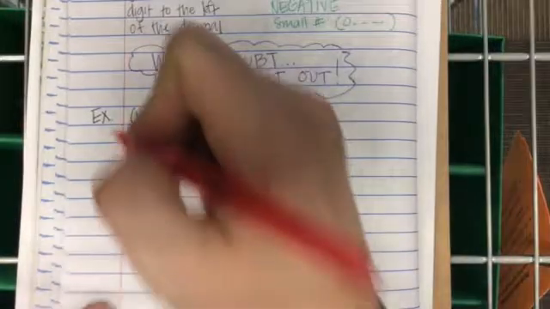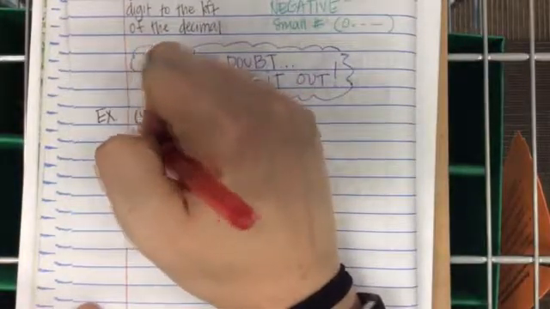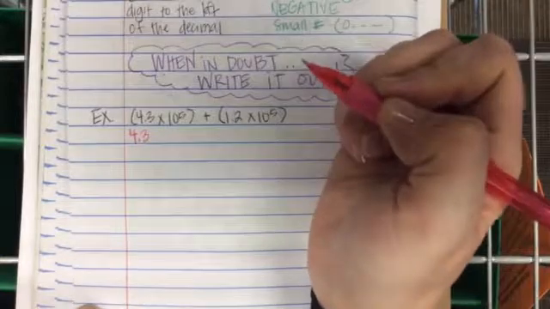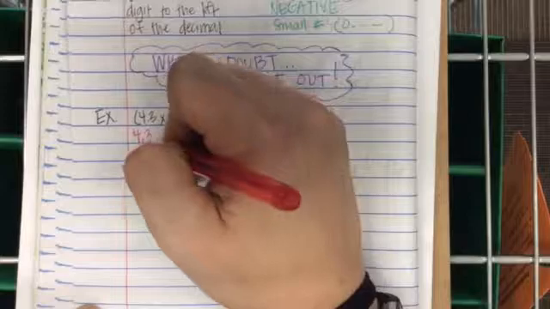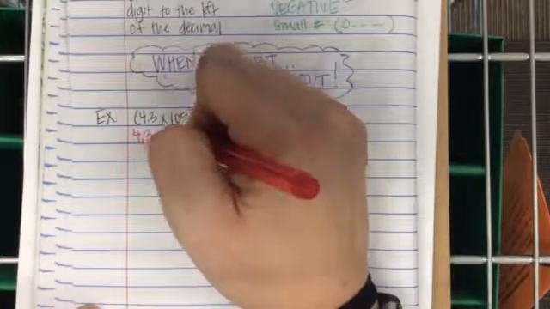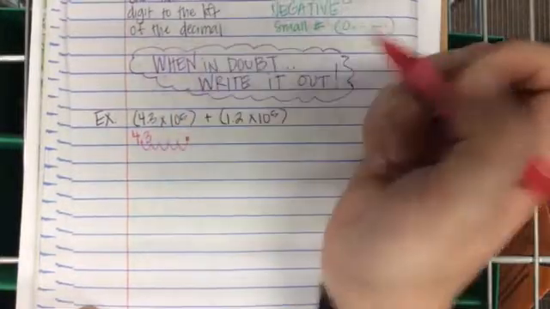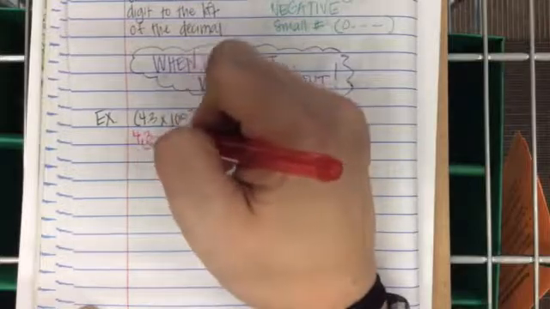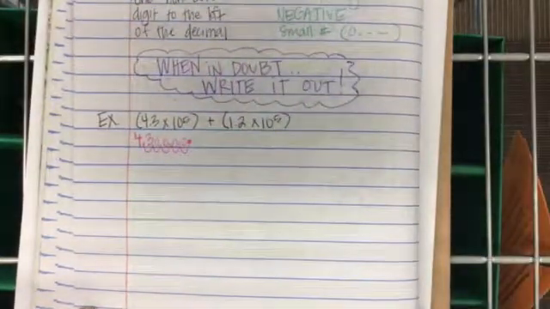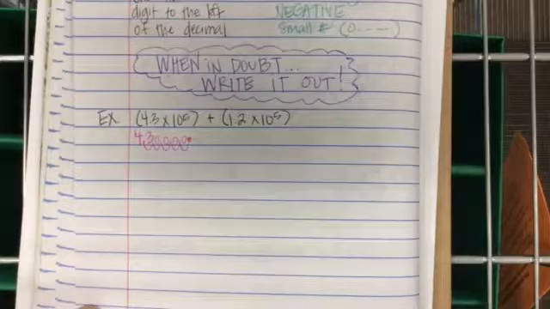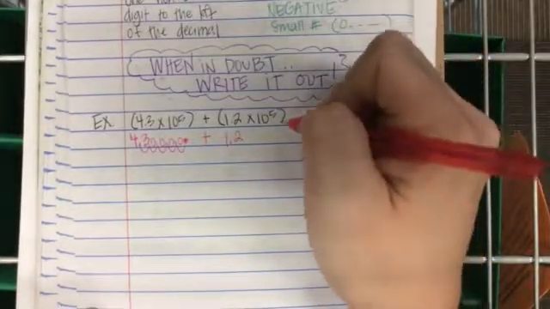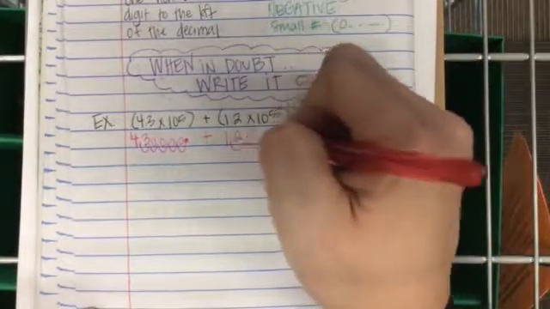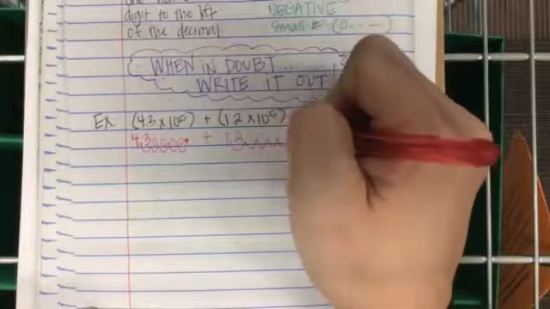So 4.3 times 10 to the 5th, so that means I move it 1, 2, 3, 4, 5, correct? And fill in with zeros. Plus 1.2 times 10 to the 5th, so 1, 2, 3, 4, 5.